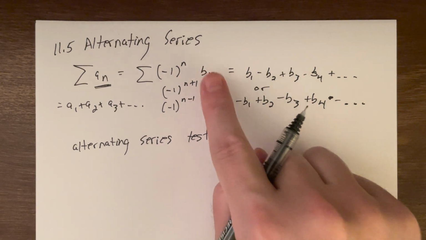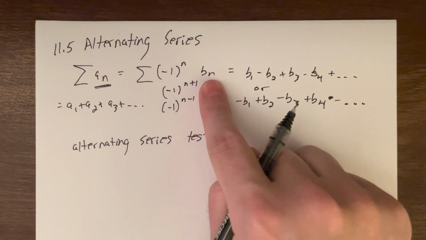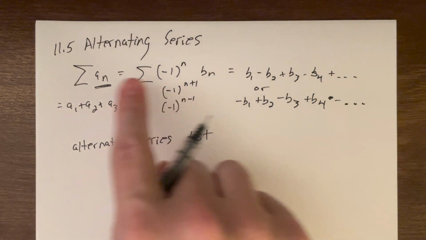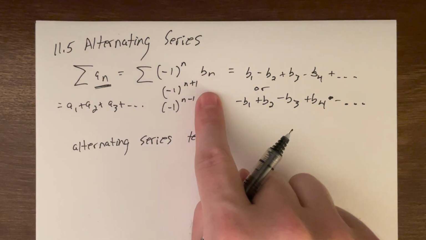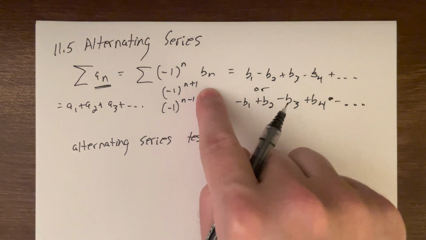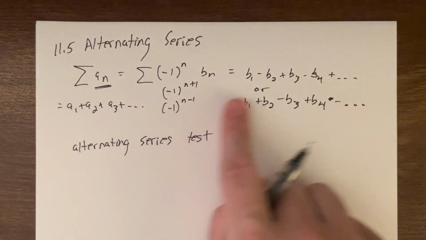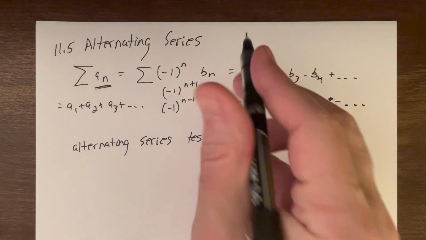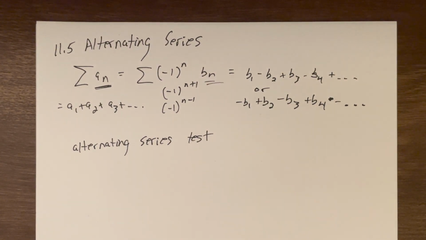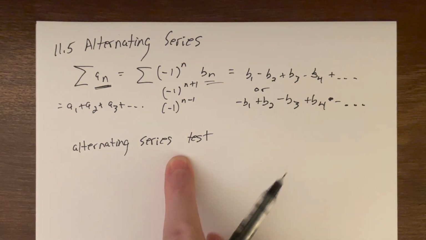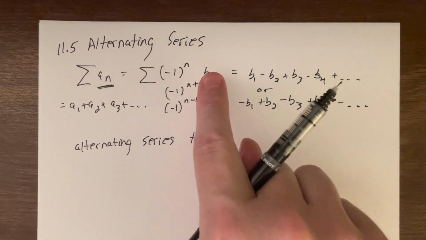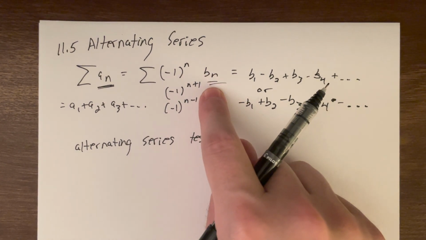This is not a new sequence that goes with a new series. It's just a manipulation on the original. So when we think of the series in this form, the minus 1 to a power takes care of the alternating part, and then the b sub n is the leftover underlying sequence. I'm bringing that up because the alternating series test, everything that goes with it, is all about this underlying sequence.